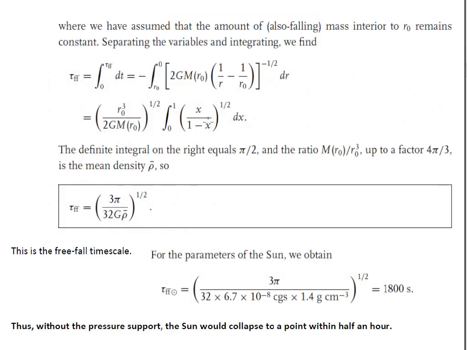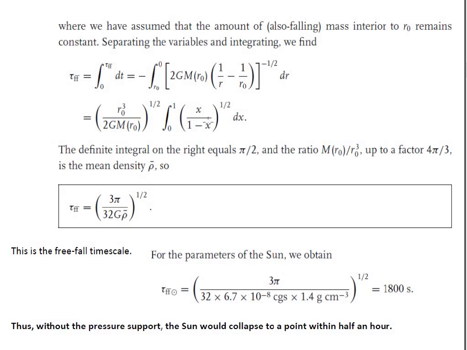Okay, so another very interesting point is that even in this entire discussion, we are assuming that the amount of the infalling matter which is interior to r0 remains constant. Of course, this is not entirely correct, but let's just do an approximation and see what we get.